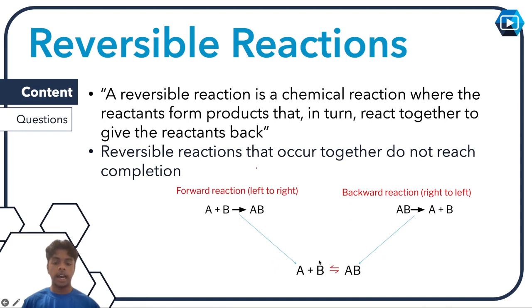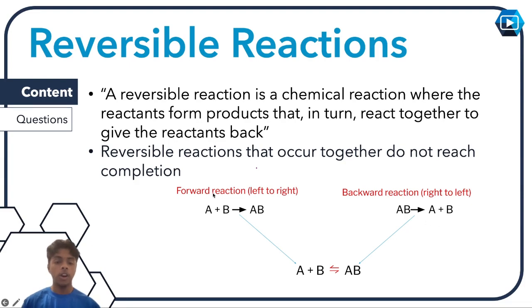You can see here that we've now encountered a new type of arrow, this red arrow. Before this, we were used to a unidirectional arrow, as in an arrow that goes in one direction. Here, the reactants react to form the products, and on this side the products react to form the reactants.